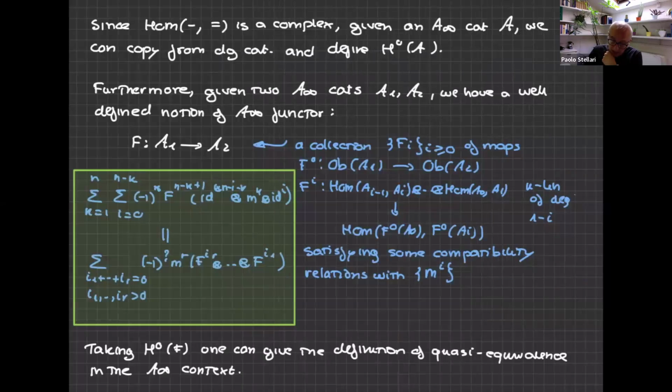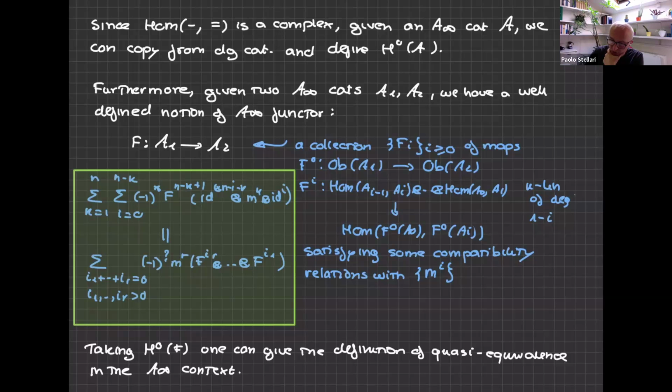Okay, and of course, again, another precompiled slide, actually about functors. Of course, we can repeat the same story. Whenever we have two infinity categories, A1 and A2, we can consider a natural notion of infinity functor. Natural, so to speak, because it's a sort of weird notion, right?